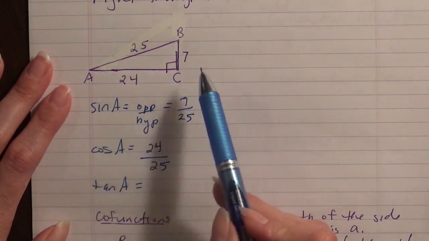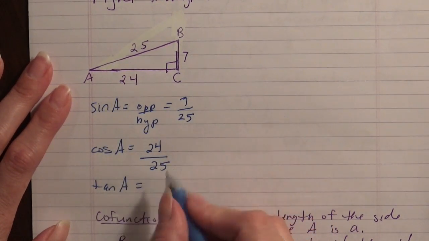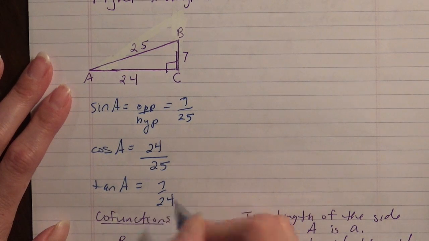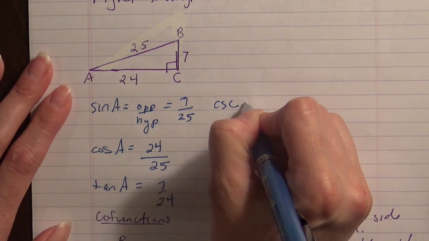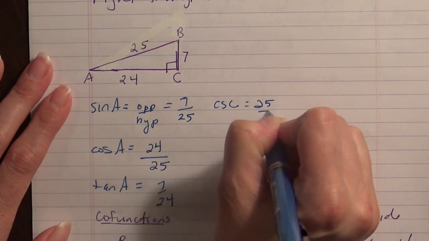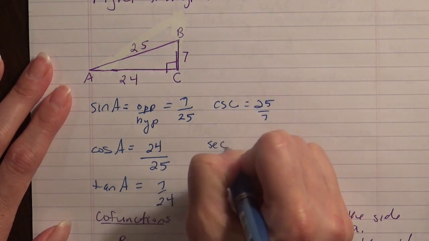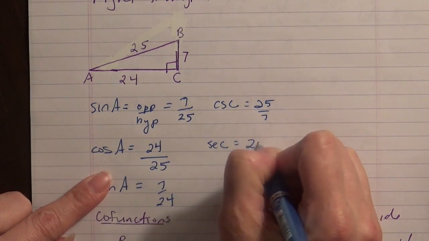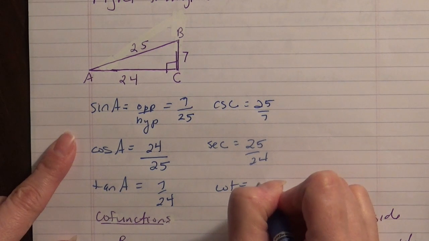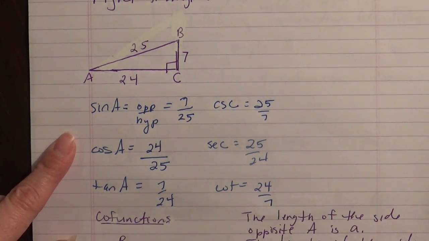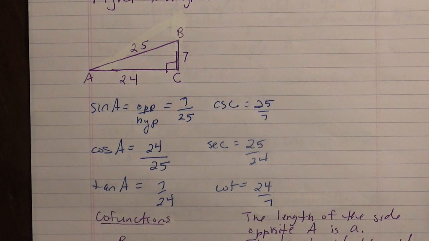Opposite is 7, adjacent is 24, so 7 over 24. Then we know that cosecant is the reciprocal, 25/7. Secant is the reciprocal of cosine, 25/24. Cotangent is the reciprocal, 24/7. So that's all six trig functions for angle A.